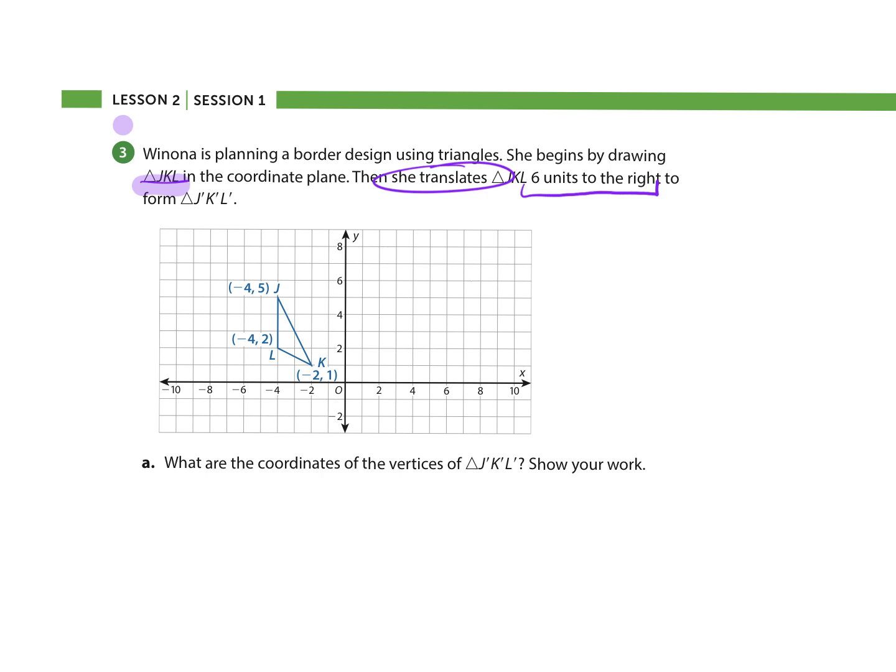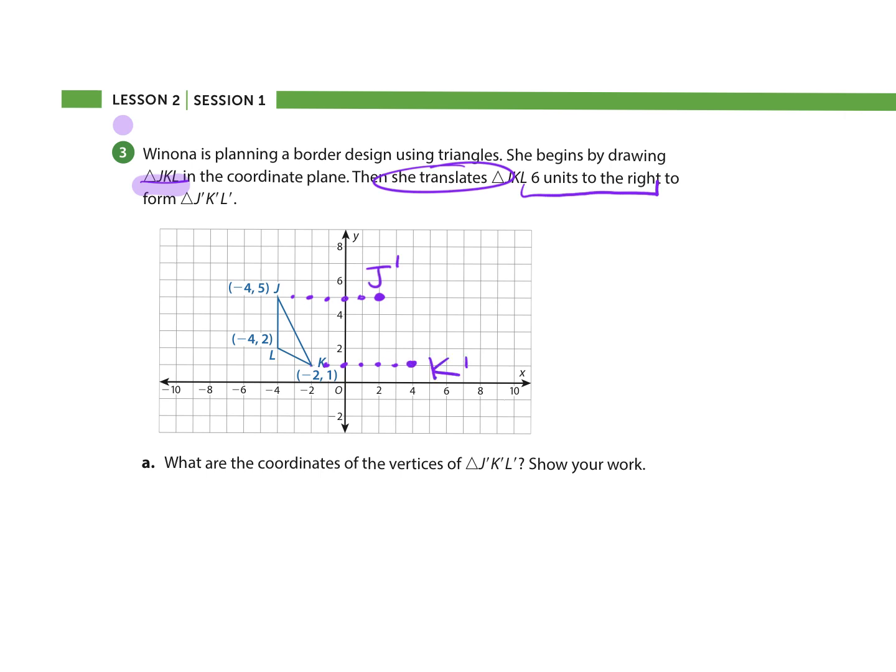So first we're going to do this visually on the coordinate plane. We are going to move each point 6 units to the right, starting with J. 1, 2, 3, 4, 5, 6. This is J prime. Then K. 1, 2, 3, 4, 5, 6.